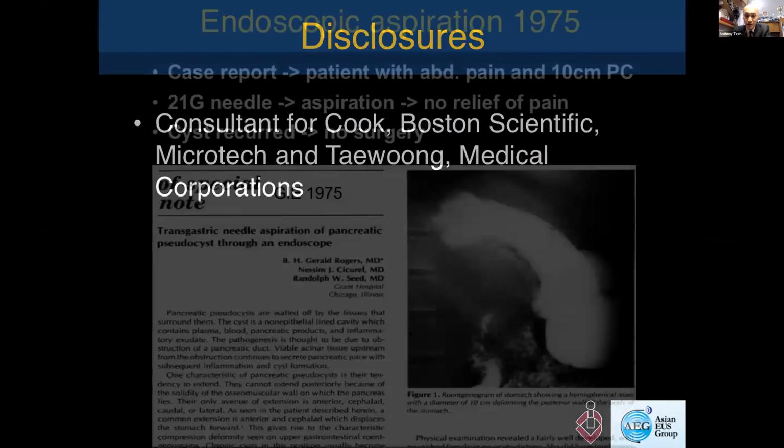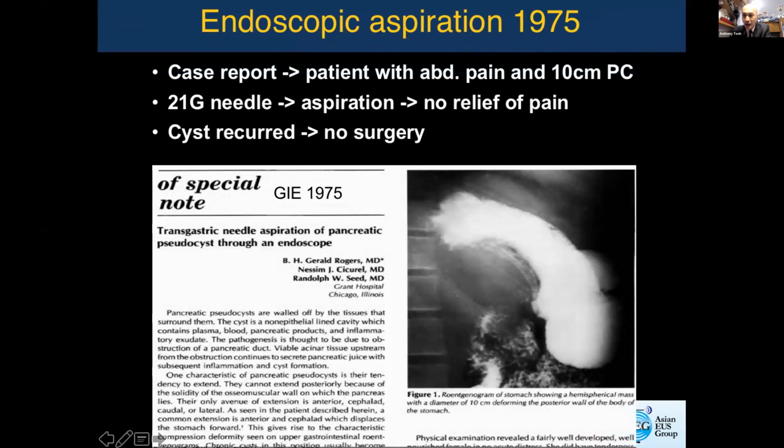These are my disclosures. Actually, the idea of performing endoscopic drainage of pancreatic fluid collections has been around a long time. In fact, the first case report was in 1975. Of course, at that time, the devices and instruments we used were still very primitive, and EUS was also not available. So the first description was only an endoscopic aspiration.